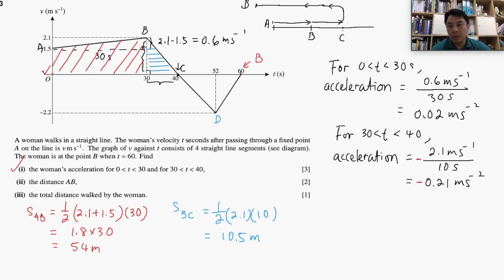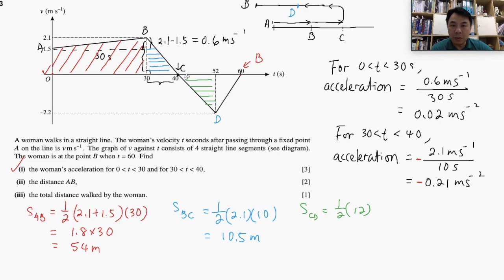Maybe use D, for instance. So D would be somewhere here. This is D. So let's find out what this distance here is. Okay, this distance is quite easy. So CD now, that would be half.